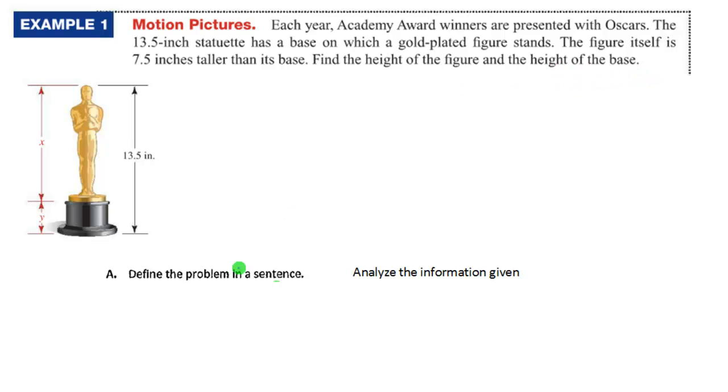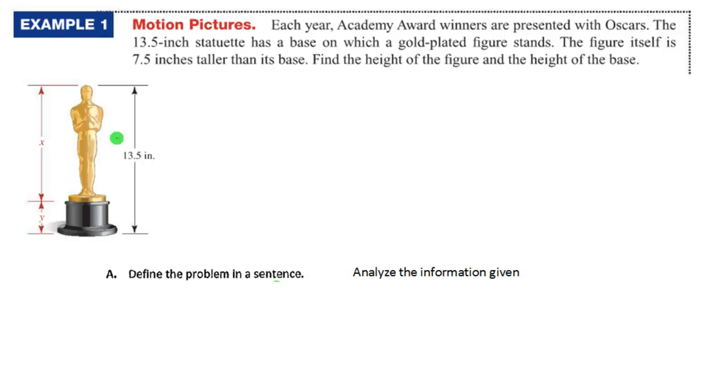So let's analyze the information that's given. Let's define this problem. We want to find the height. This statue has two parts to it, doesn't it? It has a base, this dark base, and then it's got the gold statue. Together, this is your statuette.